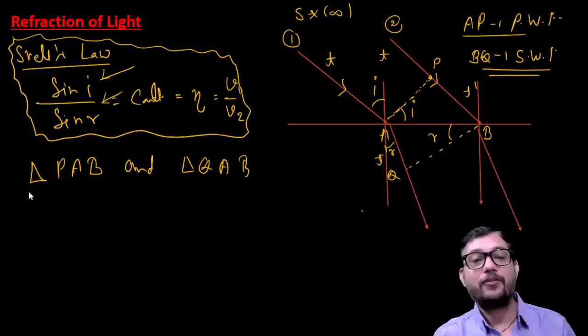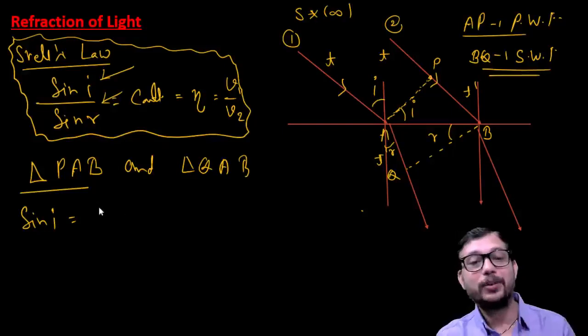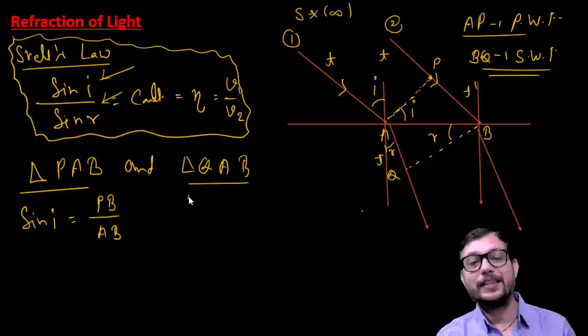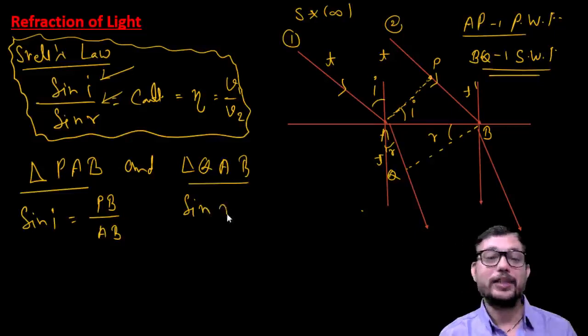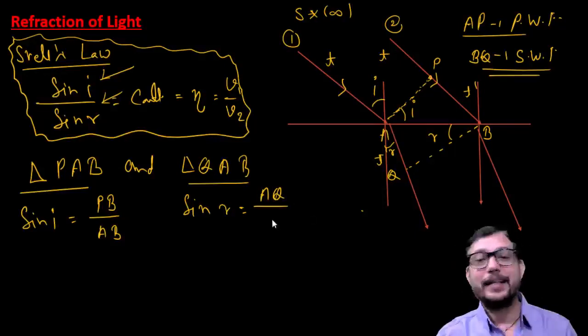So from the first triangle we calculate sine I. Sine I is nothing but perpendicular, that is your PB, upon hypotenuse, that is the longest side, as you all know. And from the second triangle we can easily calculate the value of sine R. So sine R will be again perpendicular, that is your AQ, divided by the longest side, that is your AB.